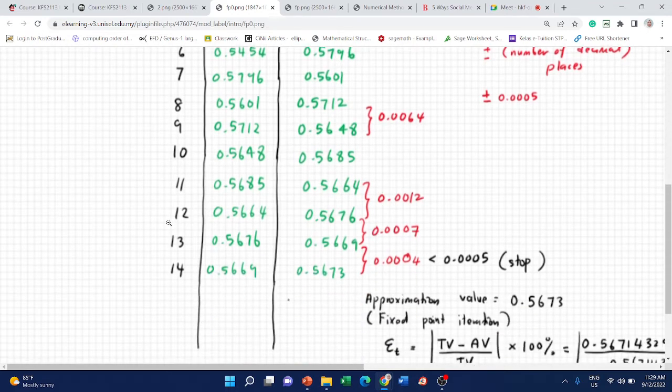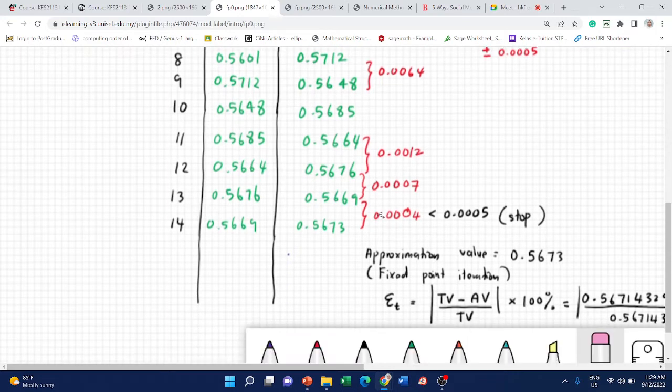At i11, 12, 13, and 14, I mark here the difference. Between i12 and i13, the difference for g(x) is 0.0007.